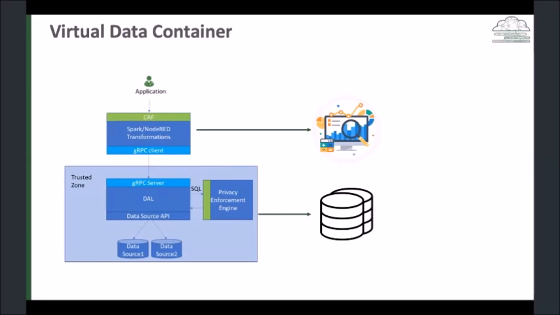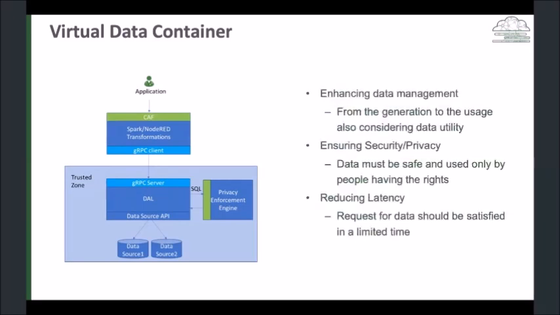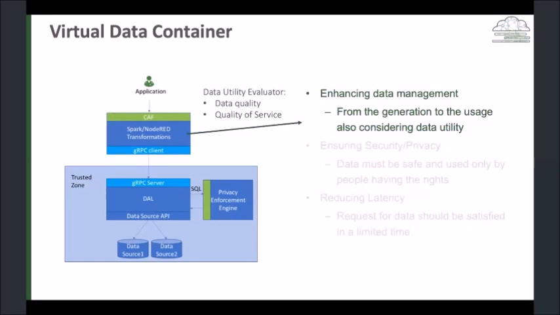So in this way, we have these two elements that are able to achieve the three main objectives that we saw before. First of all, inside the virtual data container we have the so-called data utility evaluator. It is an element that, based on the status of the data coming from the monitoring system, which is reading the status of our application, our analysis, and the data transmitted, is able to evaluate the data quality.